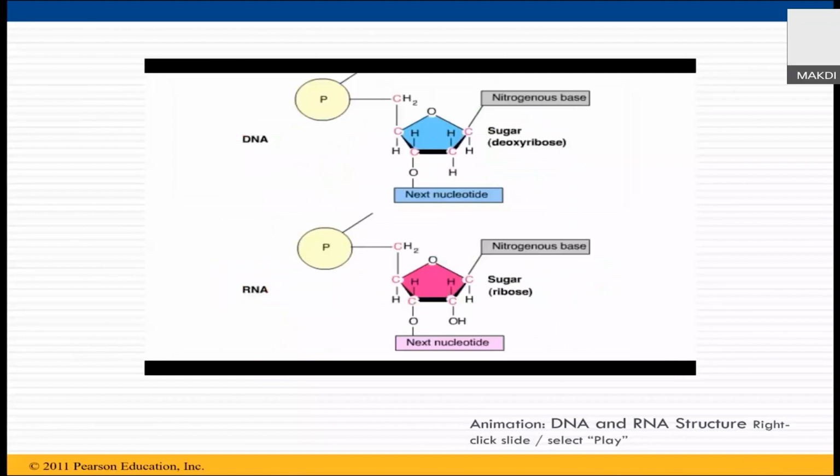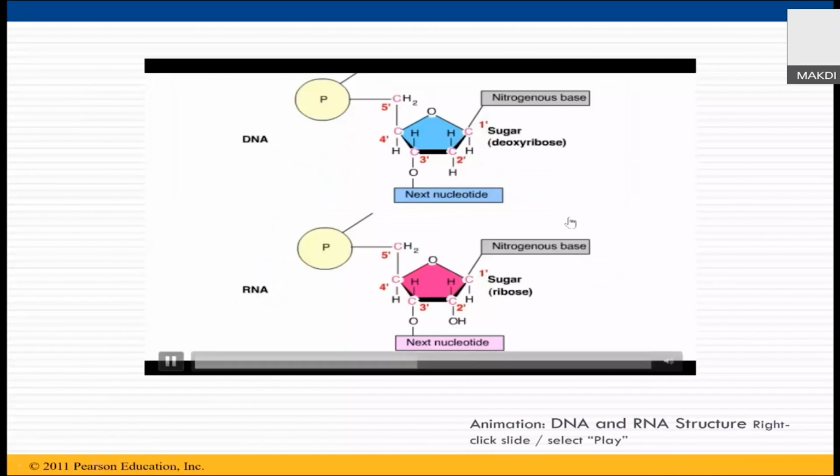For convenience, the carbon atoms in a nucleotide sugars are numbered, beginning with the carbon atom bonded to the nitrogenous base, moving around the ring, and up to the carbon that is bonded to the phosphate group. The 1' carbon is bonded to the nitrogenous base, the 3' carbon to the next nucleotide, and the 5' carbon to the phosphate group.